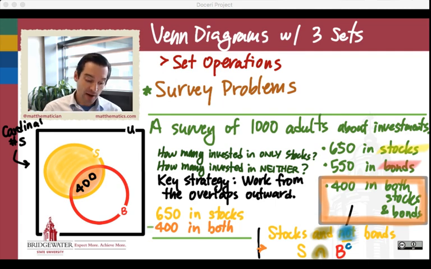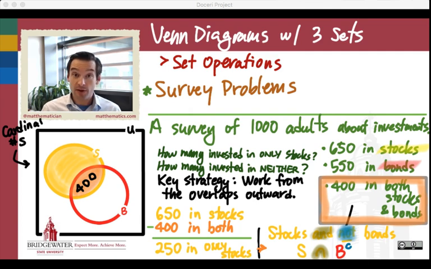Right? So to figure out how many people are in just stocks, what I really need is to subtract 650 minus 400 in only stocks. So what that's doing is it's removing the double counting that's happening, where previously the people who were in both stocks and bonds are counted both here in both stocks and bonds, and also being counted in the 650 number. So subtracting them away ensures that the 250 that remain are only being counted once.